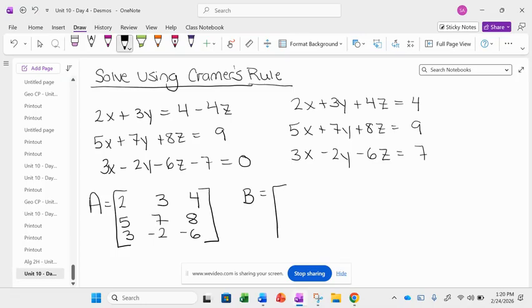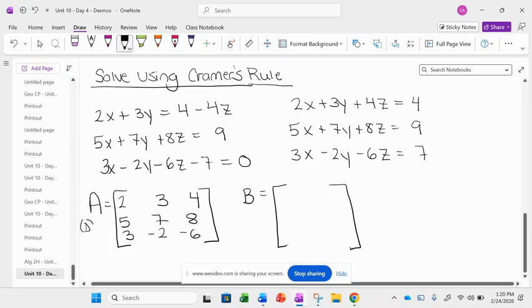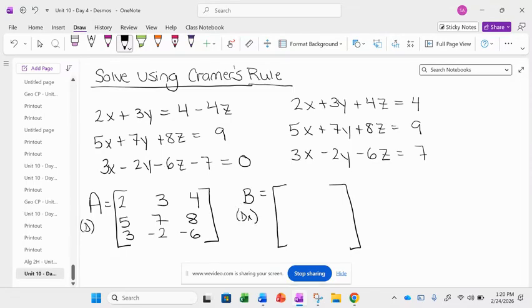My matrix B, which we used to call D sub X. Remember that? So do D and then D sub X. All right, I'm calling this matrix B because there is no D sub X in Desmos. So I'm going to call this one matrix B, but we'll think of it as our D sub X.